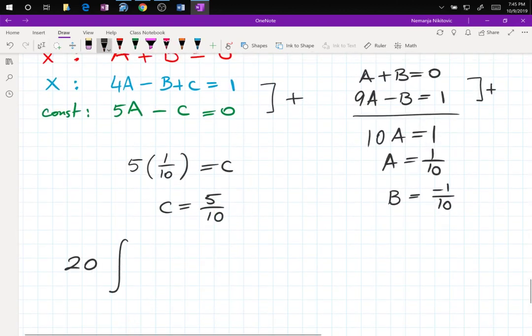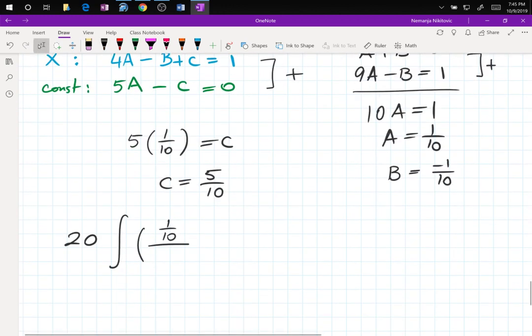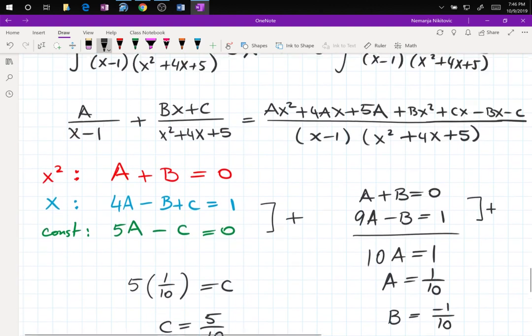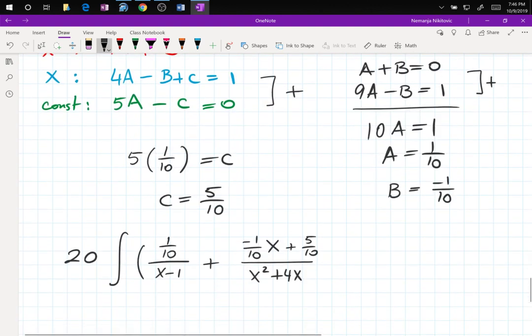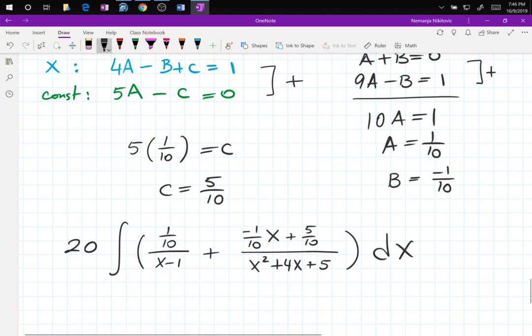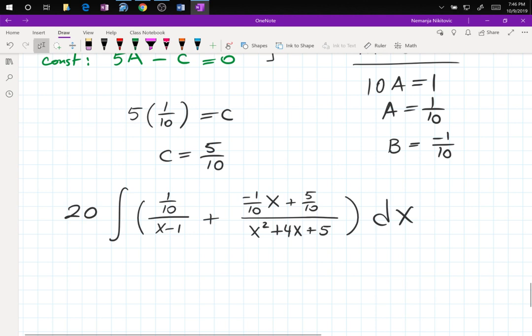The first one is A, which is 1 over 10, divided by x minus 1, plus negative 1 over 10 x plus 5 over 10, and then we have the x squared plus 4x plus 5, dx. So now when I factor out 1 over 10, that's just going to be a 2 now.